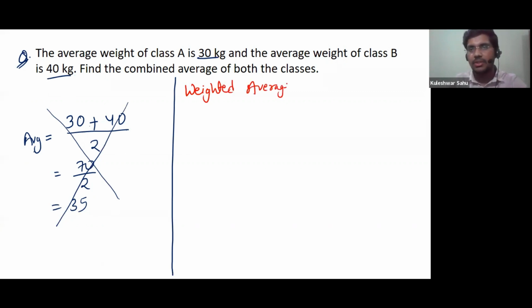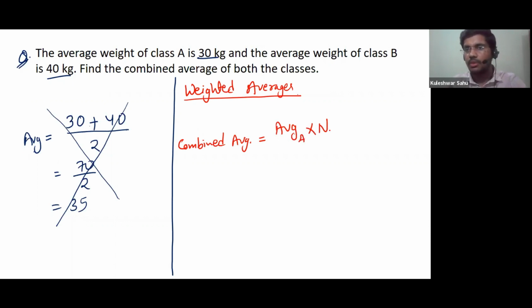According to the weighted average, whenever the averages of two classes or two categories or more than two categories are given, the combined average will be equal to average of category A into total number of people in category A plus average of category B into total number of people in category B, divided by number of people in category A plus number of people in category B.